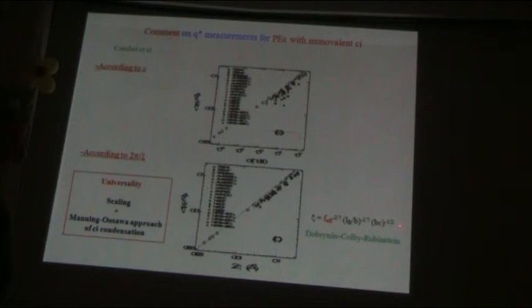So we are able to compute the effective charge for any polyelectrolyte, assuming the Manning-Oosawa condensation model. And when you do that, you compare, yes, of course, here the position of the electrostatic peak versus the concentration, and there is a dispersion.